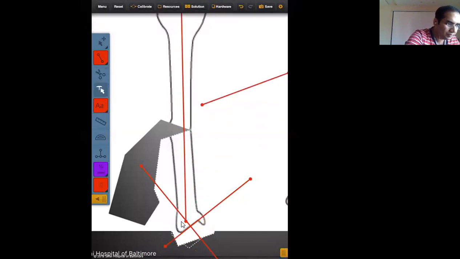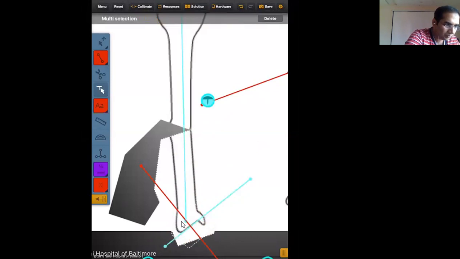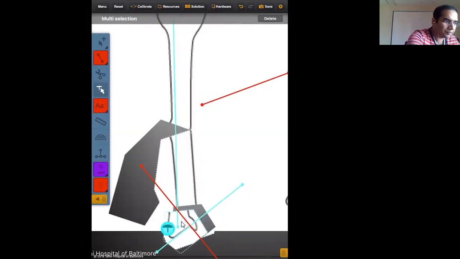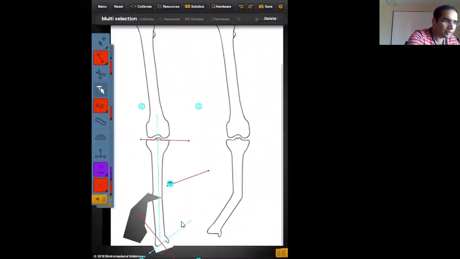Now this was the location of my ACA, and then I have placed my CORA, my hinge, over the angulation correction axis, and this will correct the deformity.